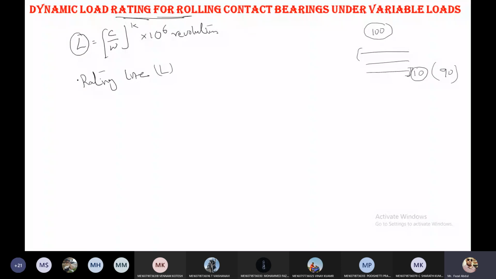And C is the basic dynamic load rating, and capital W is the equivalent dynamic load.